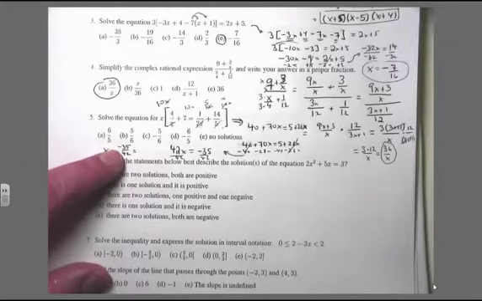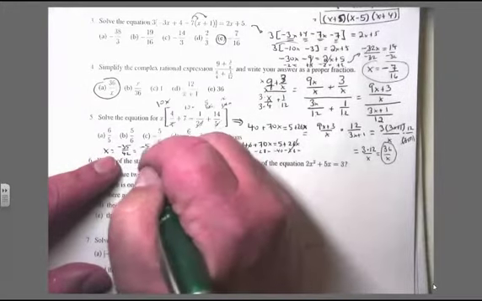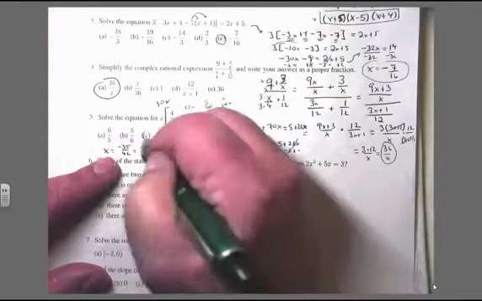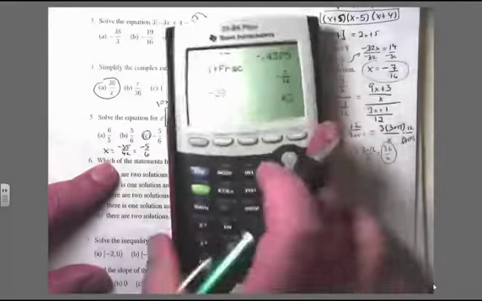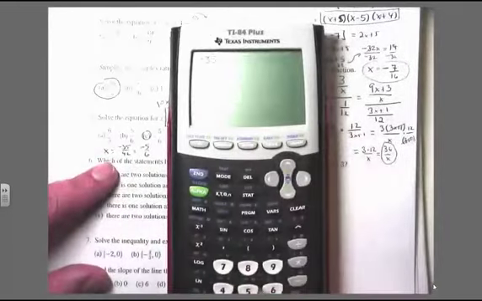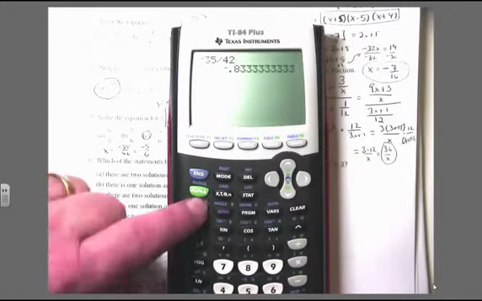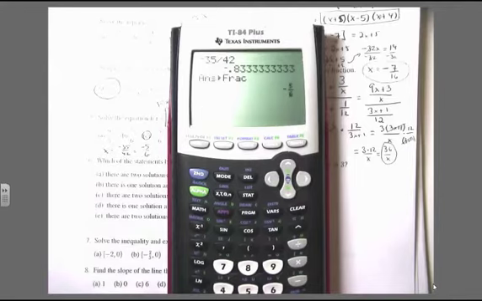Negative 35 is 5 times 7, 42 is 6 times 7, that makes it reduced to negative 5 over 6. Answer C. But let's just double check that on the old calculator. Never make a careless error. Negative 35 divided by 42 converts to a fraction of negative 5 over 6.